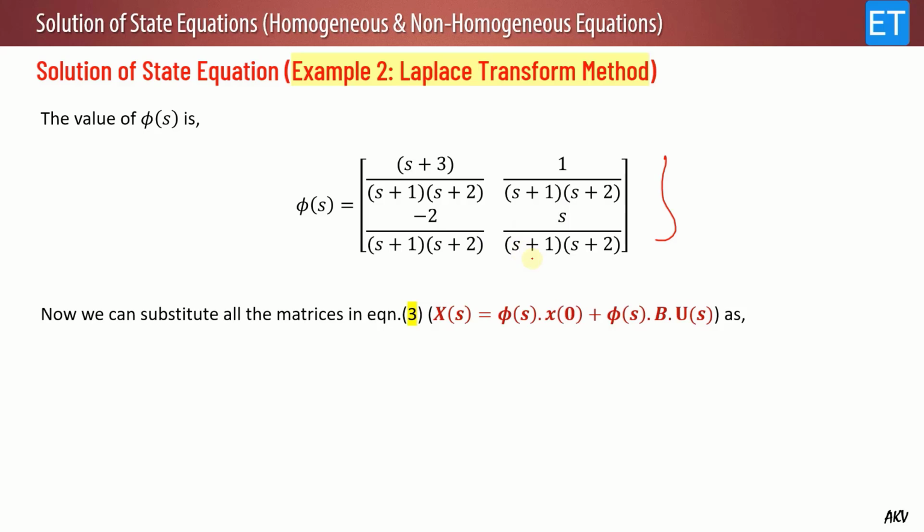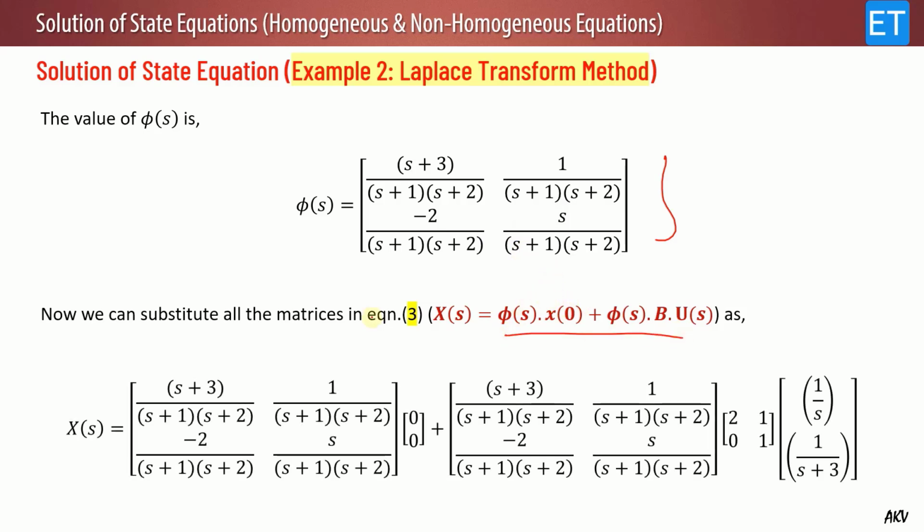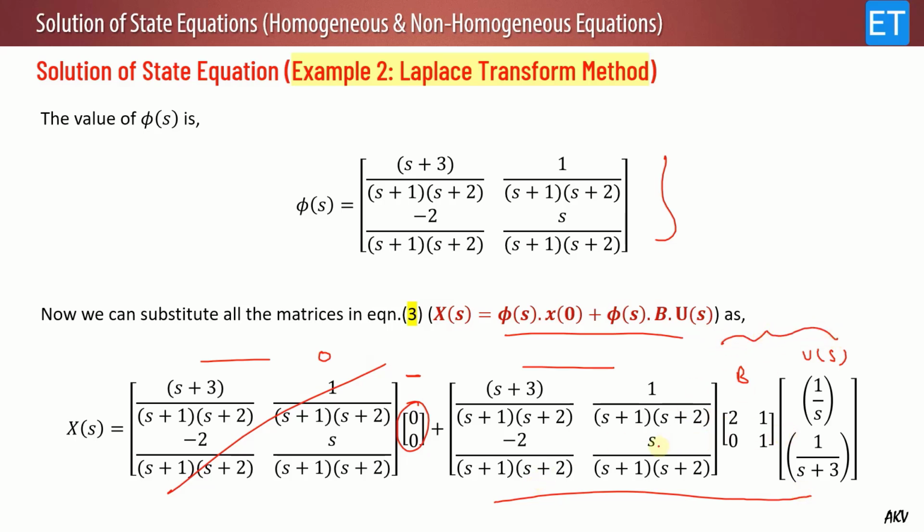Now in equation 3, all the matrices are known, so I can substitute all the matrices like this. So this is phi(s) x0, plus phi(s) B U(s), right? Because of this 0 matrix, the first part vanishes, only the second part is remaining. So first we will multiply these two matrices.